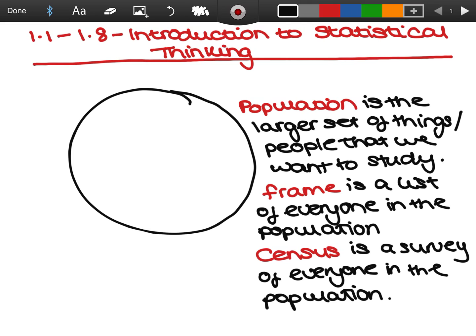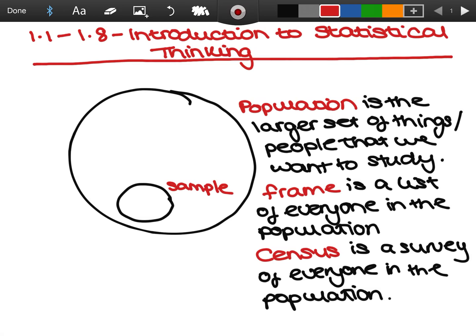And the last term that we need to know about a population is something that you're going to have heard many times before, a census. A census is just a survey of everyone in that population. So a census is a survey of everyone or everything in the population.